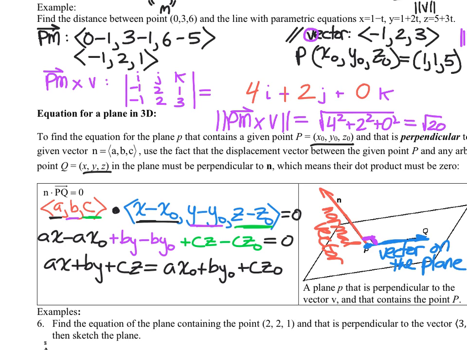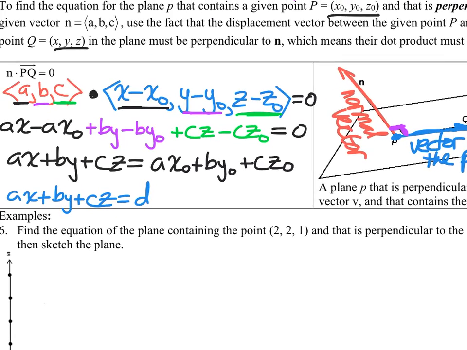So what we've ended up kind of deciding upon, and I say we as if I had any say in this, is to let the whole right-hand side equal some constant d. Just some made-up value. Not really.